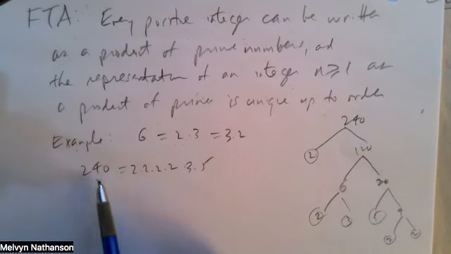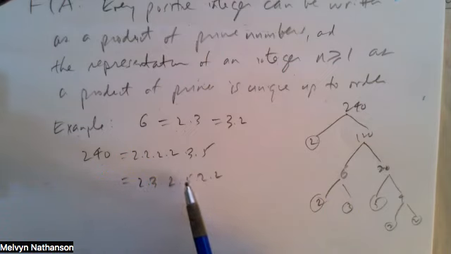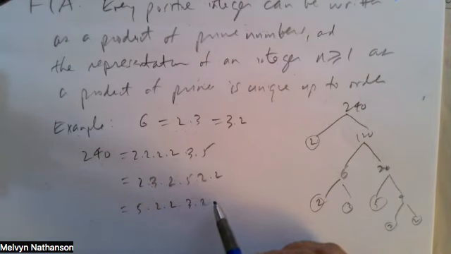So this is 240 written as a product of primes, but I can write them in lots of different ways. 2 times 3 times 2 times 5 times 2 times 2. This is also correct. But again, if you look at this, you see you have one 3, one 5, and four 2's. Or 5 times 2 times 2 times 3 times 2 times 2.